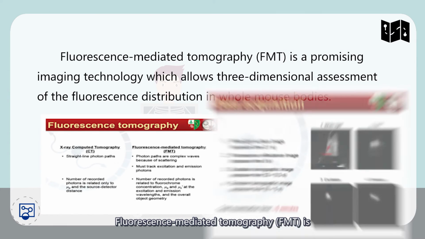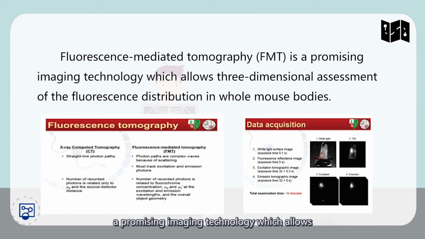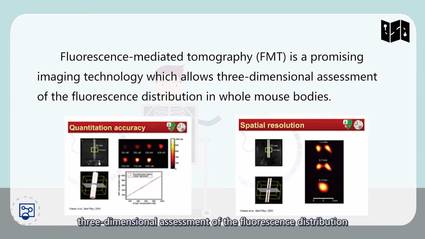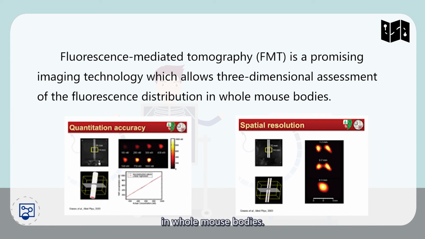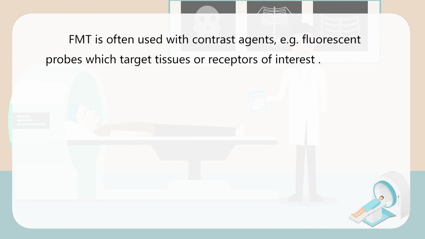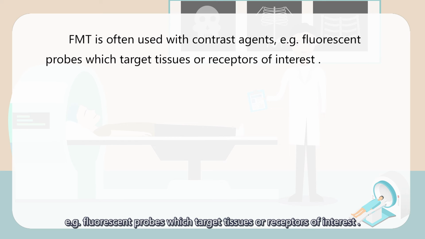Fluorescence-mediated tomography, FMT, is a promising imaging technology which allows three-dimensional assessment of the fluorescence distribution in whole mouse bodies. FMT is often used with contrast agents, for example, fluorescence probes, which target tissues or receptors of interest.